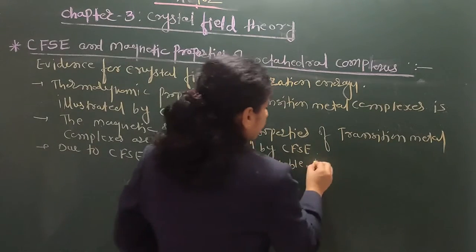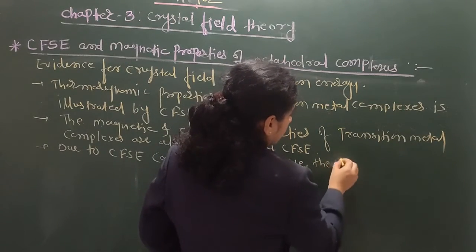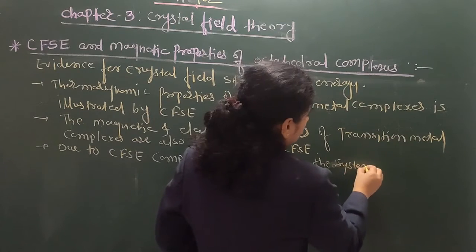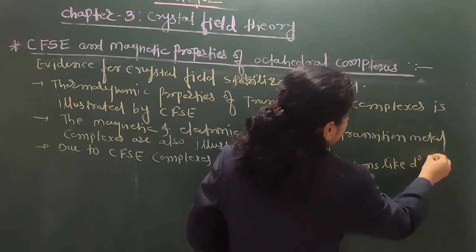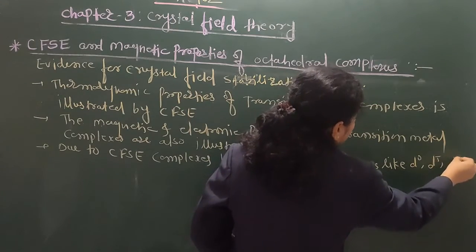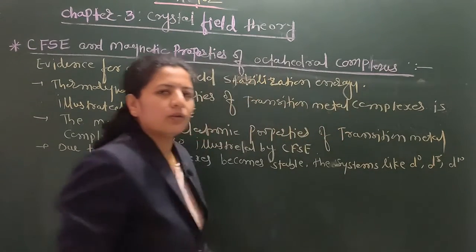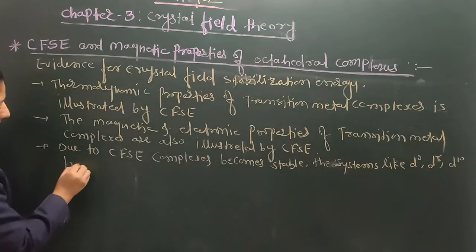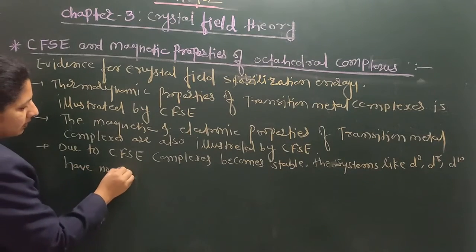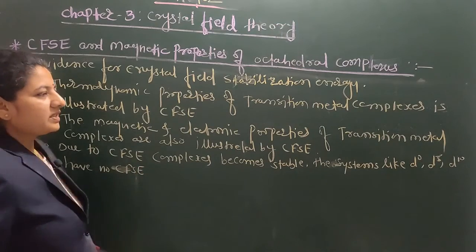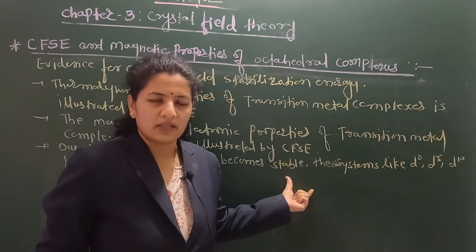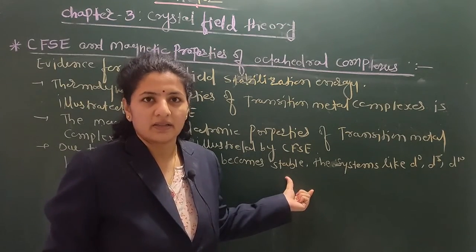So the systems like d0, d5 and d10 have no CFSE. As we discussed earlier, they are the diamagnetic ones.